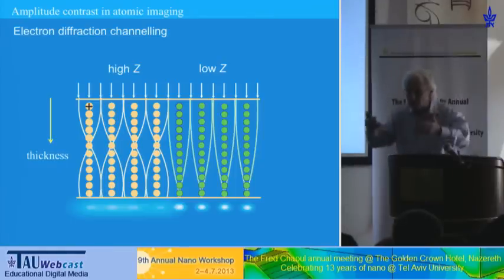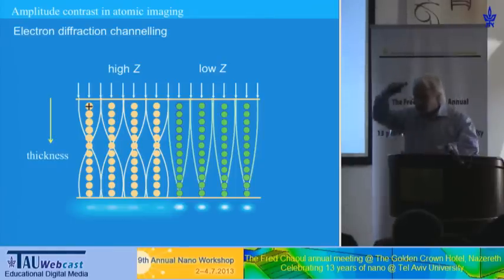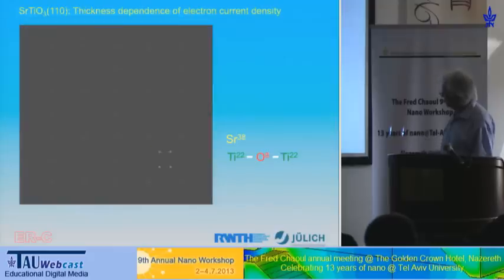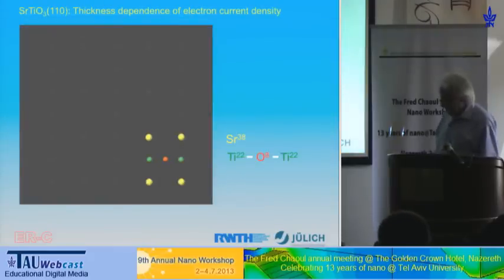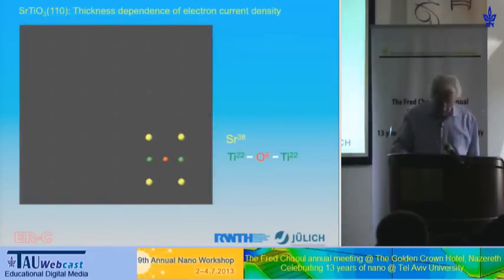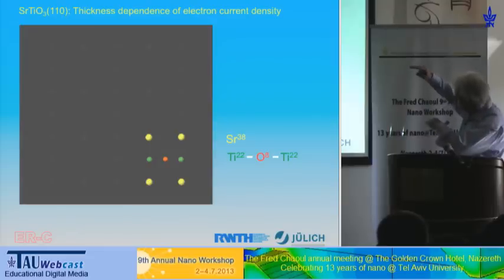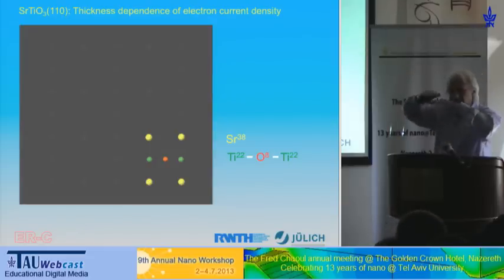That means the same structure gives you different images depending on the thickness and the nuclear charge of your atoms. And this is shown in this video here where I have now plotted the electron current density as a function of thickness of your sample. That means we just increase the thickness now in the video, and we just look how the electron current density develops.